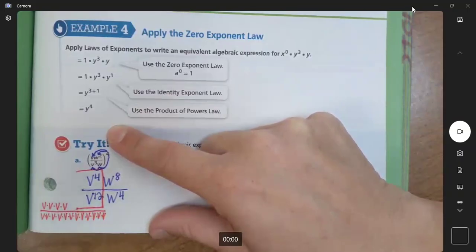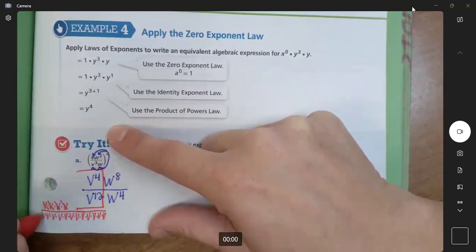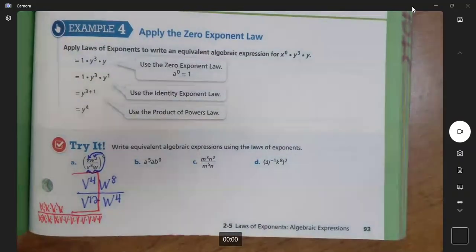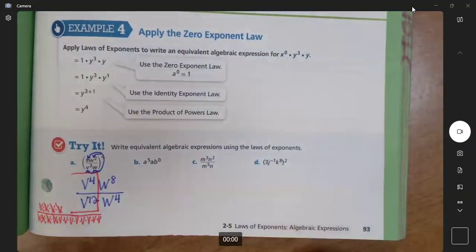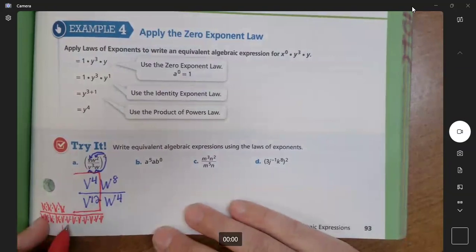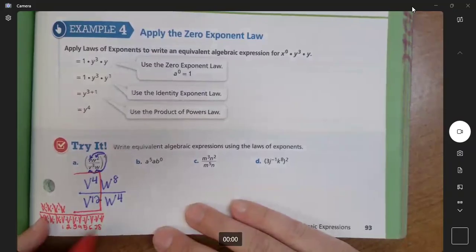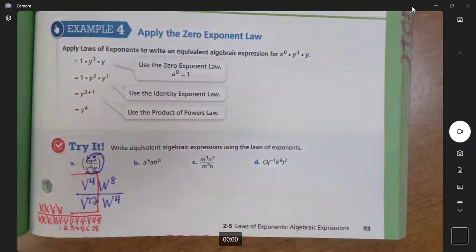Okay, we can cross off anything that's in the top and the bottom. So we have 1, 2, 3, 4, 1, 2, 3, 4. You are not going to leave negative exponents. So how many V's do we need to stay in our denominator? 1, 2, 3, 4, 5, 6, 7, 8. So 8 V's need to stay in our denominator.